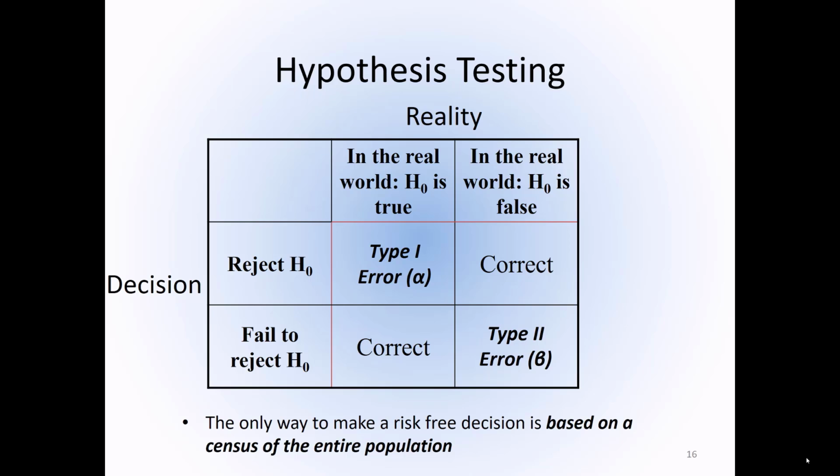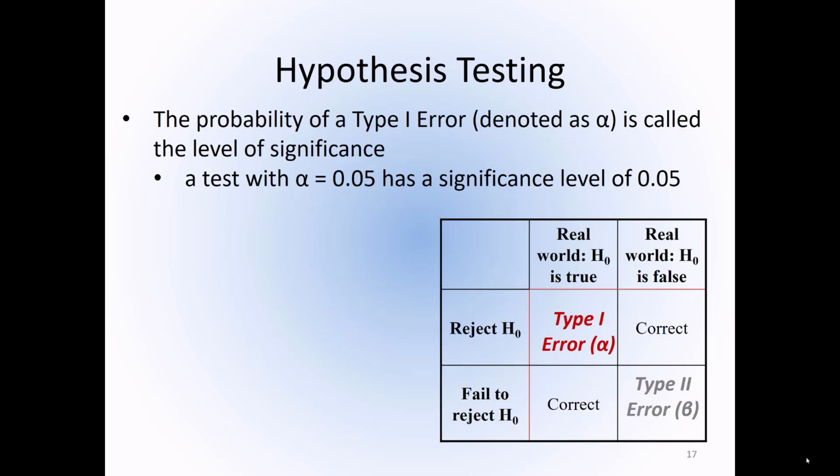So, for this type 1 error, which is denoted as alpha, this is indicative of our level of significance. We've been talking about this a little bit throughout the class, significance levels and determining if something is statistically significant. And so we can actually set what this type 1 error rate is going to be.